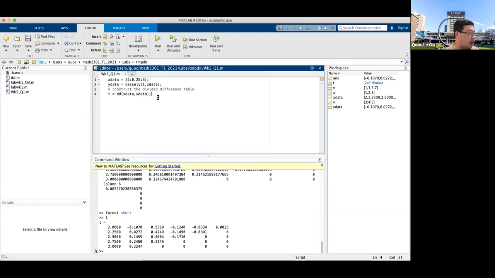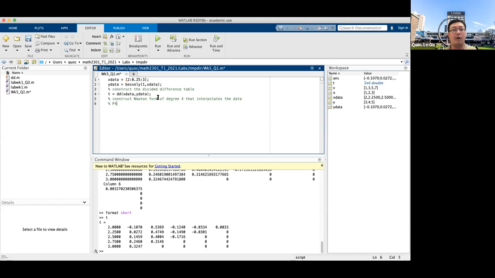And now construct a Newton form of degree 4 that interpolates the data. Okay, so first I write down the math formula.